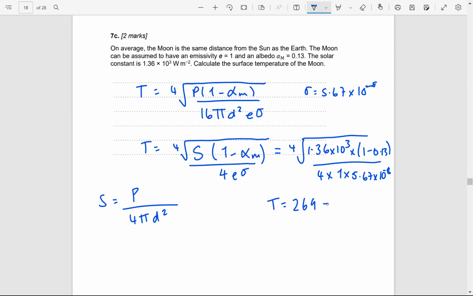Don't forget the fourth root, and you get 269 Kelvin. So to 2 sig figs, 270.